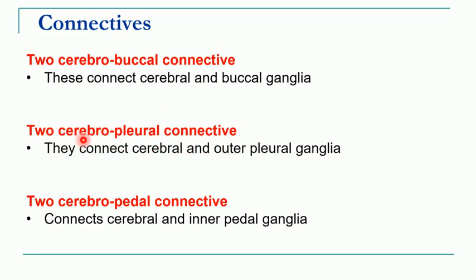Since the cerebral ganglion is situated above the pleural ganglion, the name is cerebropleural connective. Similarly, the cerebral ganglion is situated above the buccal ganglion, so the connective is called the cerebrobuccal connective. If the connective is present between the cerebral and pedal ganglion, it is called the cerebropedal connective.